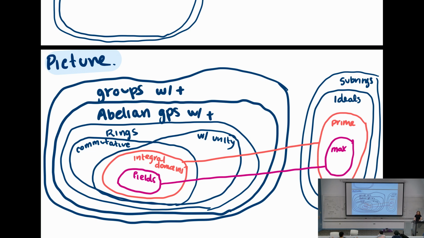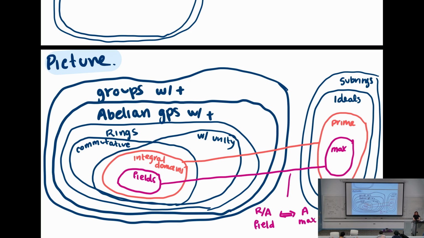Yeah. Okay, yeah, so each of these lines is like a theorem. So R mod A is a field if and only if A is maximal.